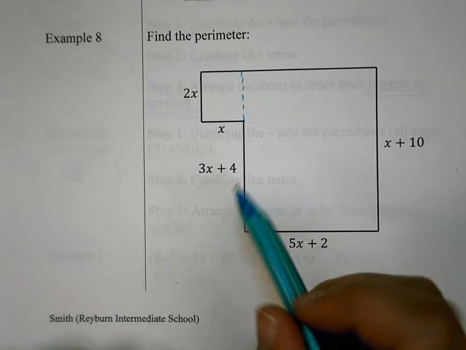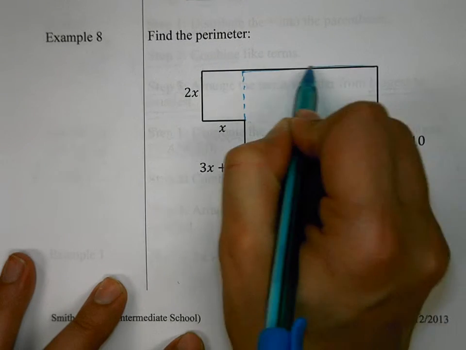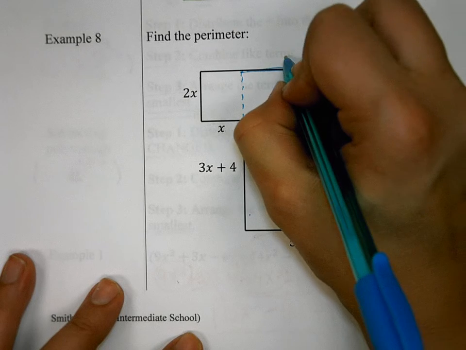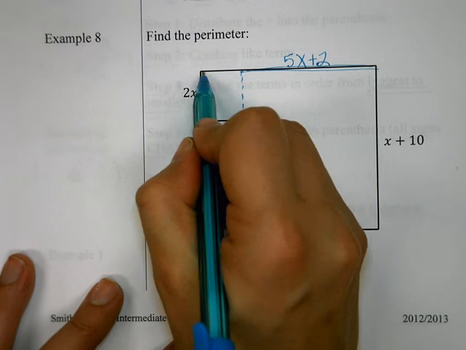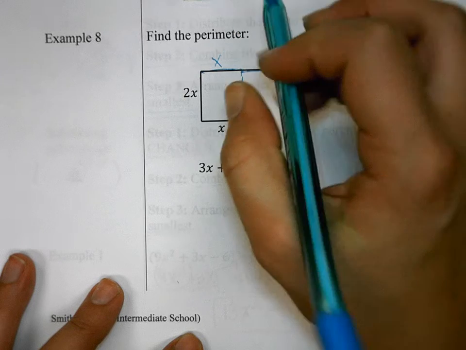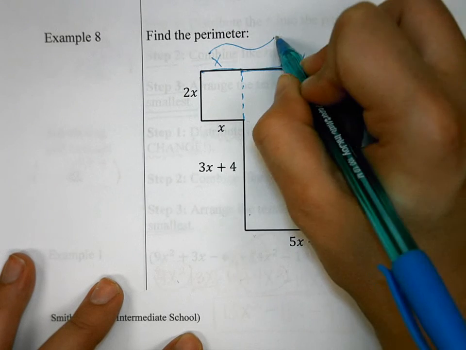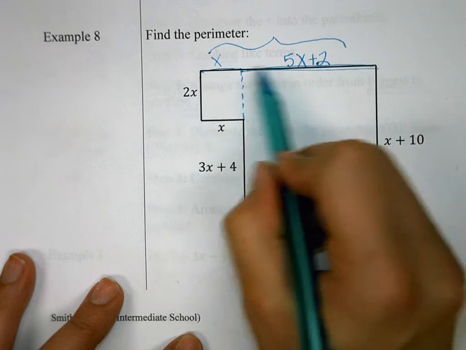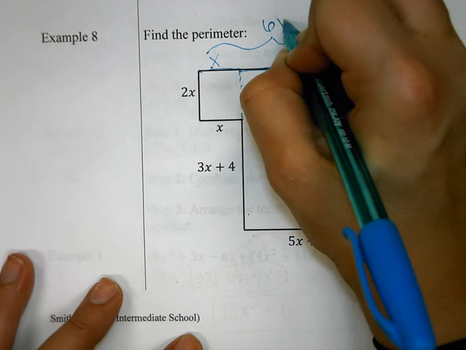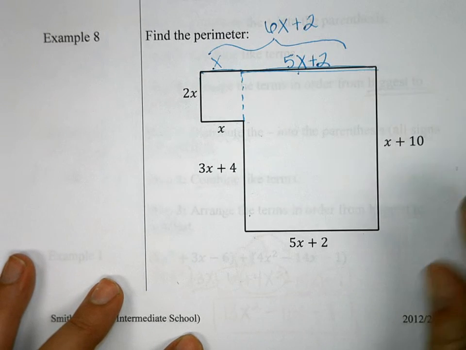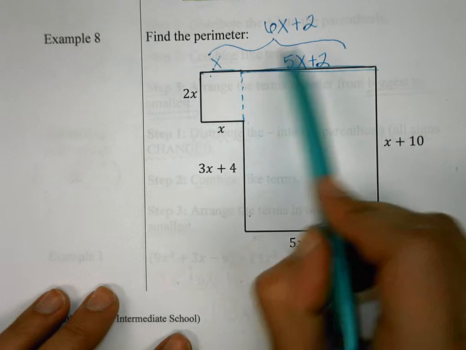I know that this piece right here is 5x plus 2. And this piece right here is x. So if I were to add both of those pieces together, x plus 5x gives me 6x plus 2. So the missing side is 6x plus 2.